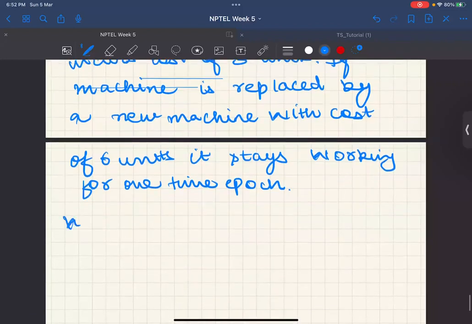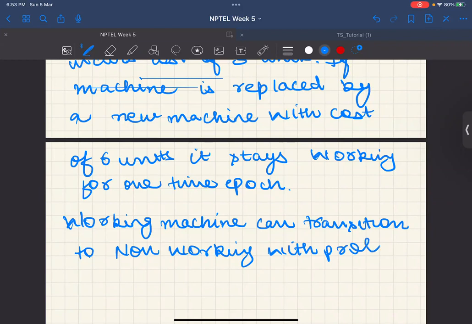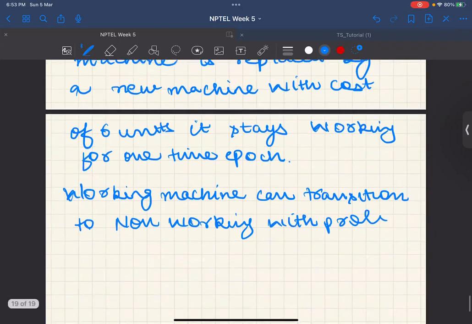A working machine can transition to non-working with probability 0.3.